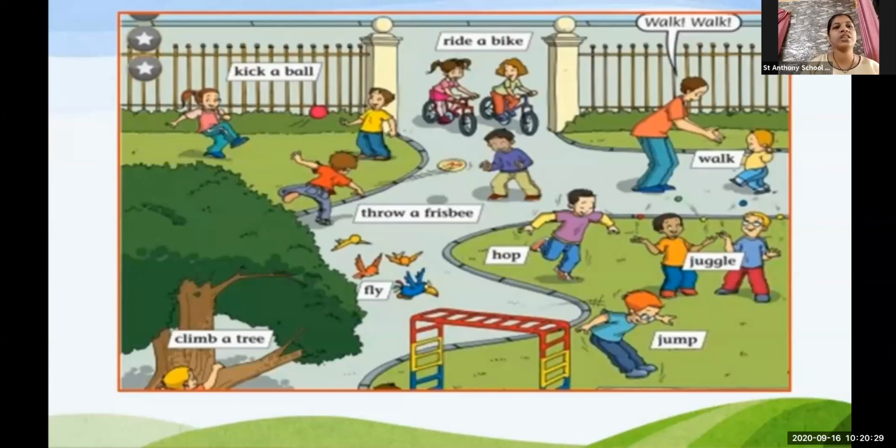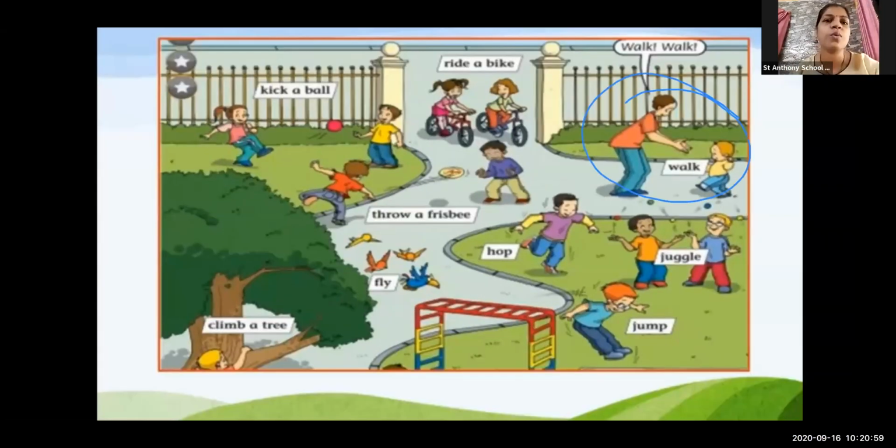The girl is kicking the ball, the two girls are riding a bike or cycles, and one boy is throwing the frisbee, the birds are flying, one boy is climbing a tree, two boys are playing or juggling with the balls, one boy is hopping on one leg, one boy is jumping, and the man is talking to the small child, that is, the father or the mother himself is teaching the boy to walk on the ground.